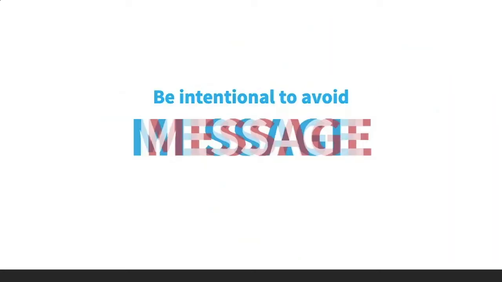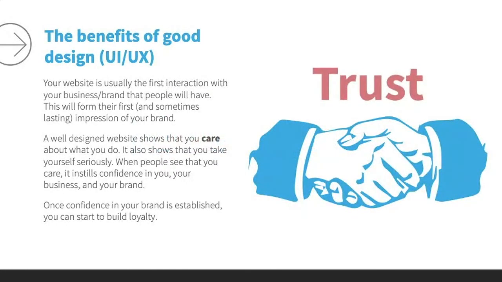So we can kind of sum it up this way: a designer, or you in this instance, if you are designing it yourself, should be very intentional with the choices you make as far as your design choices in order to avoid any sort of message distortion. Again, the message is your brand and your brand story. And if we need more clarification on that, this is what we're talking about. It's so important to maintain and build trust. So that's the ultimate goal.